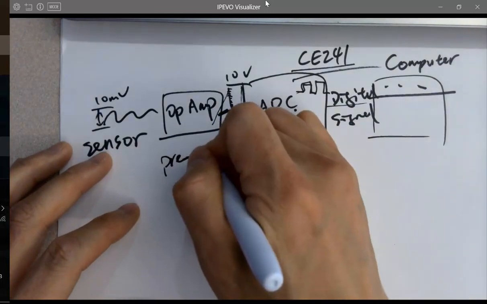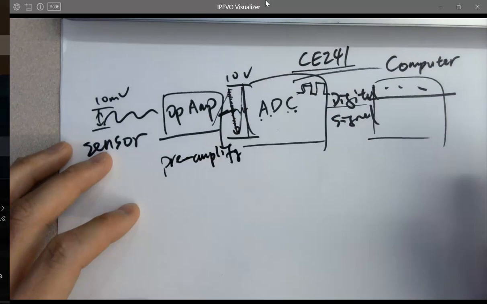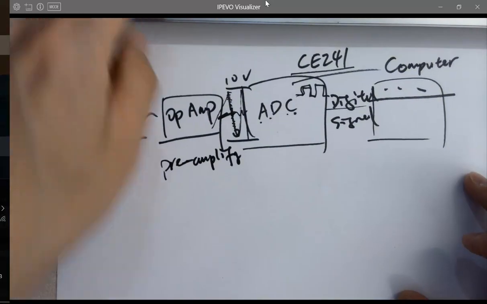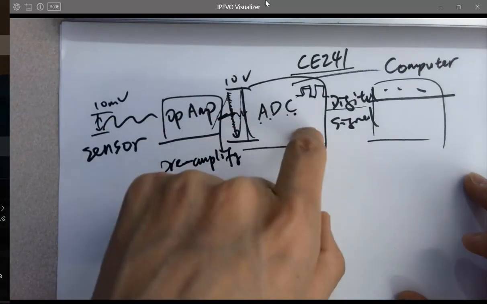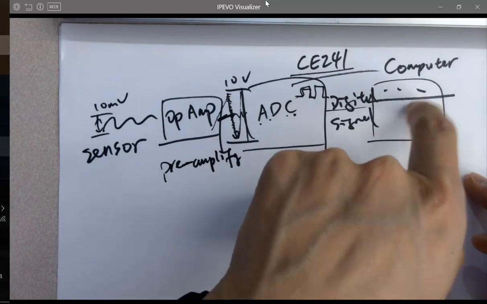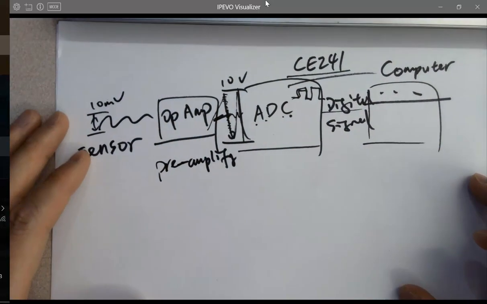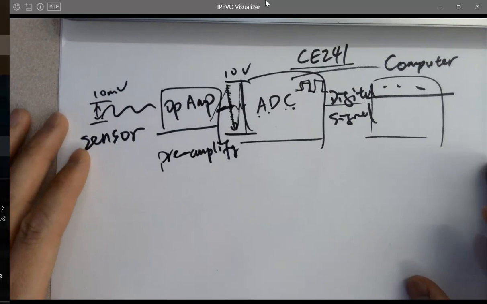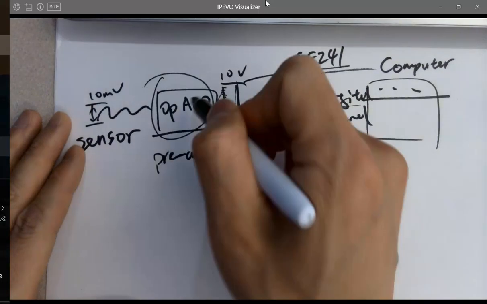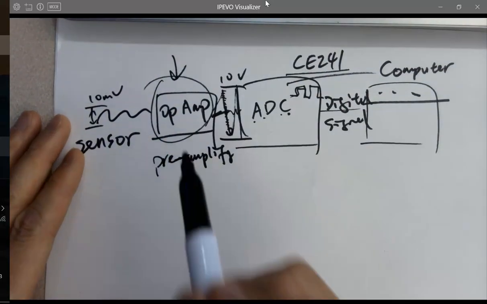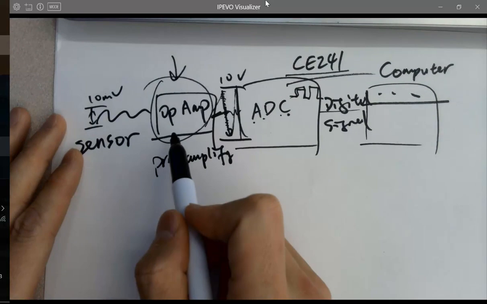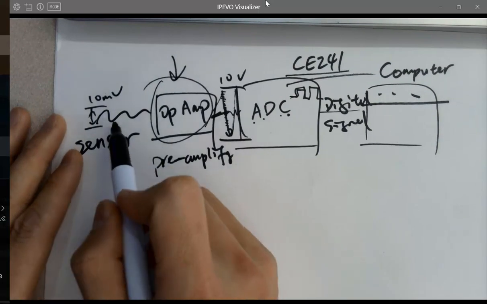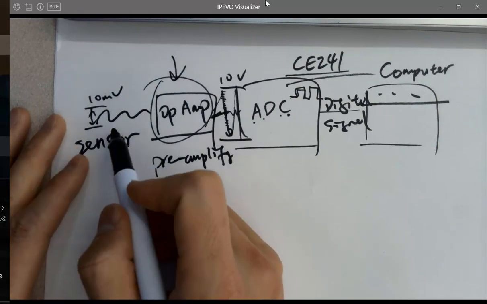Or pre-amplify it. So the ADC inside my computer can digitize it and eventually register the data into the memory bank in the computer. Okay. So that's why we need op amps. The op amp's role is in here. It amplifies the analog signal from the real world.